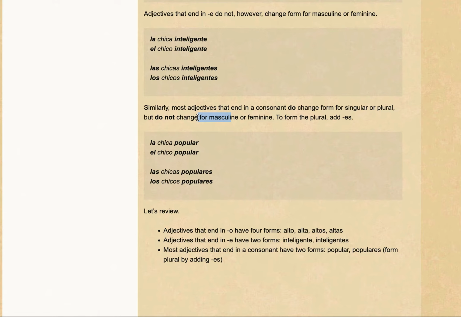So this is in a way similar to adjectives that end with the letter e, because we have seen that they do transform when we talk about singular to plural, but they stay the same if it's masculine or feminine. So it looks like we're following the same rule in terms of adjectives that end in a consonant.